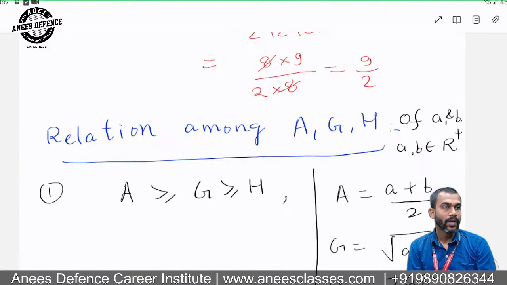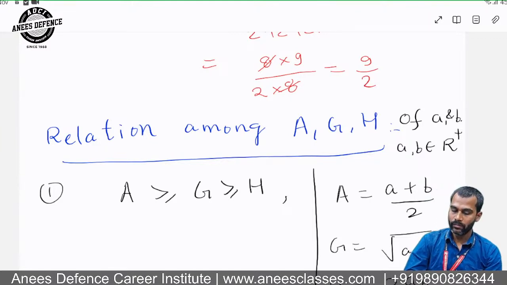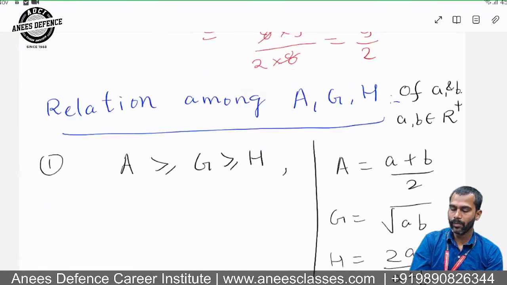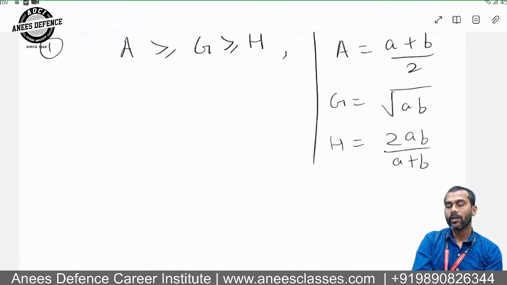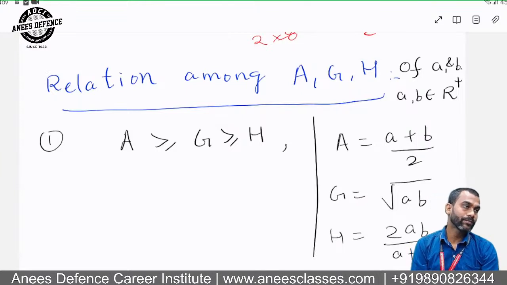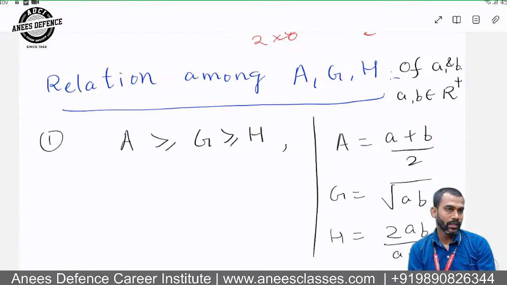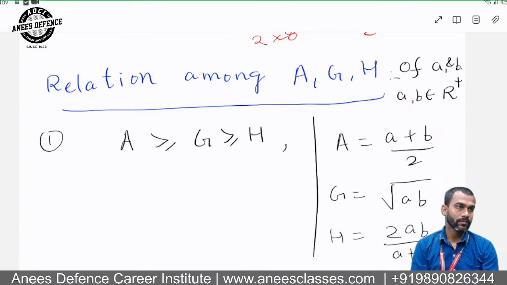And one more thing. One note you need to remember. If x1, x2, x3 up to xn are in HP, then HM is 2 times x1 into xn divided by x1 plus xn. Yes or no?